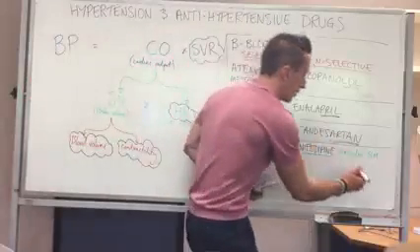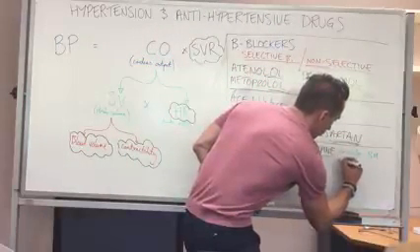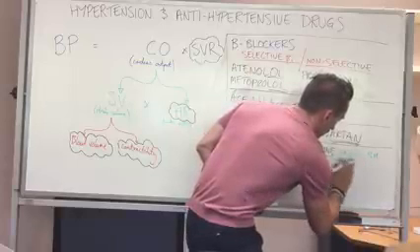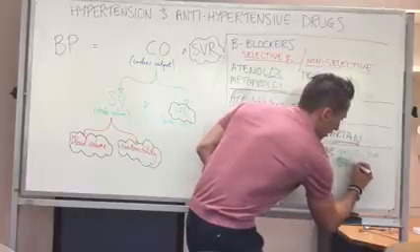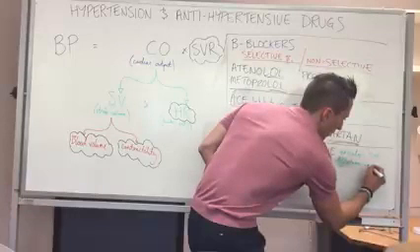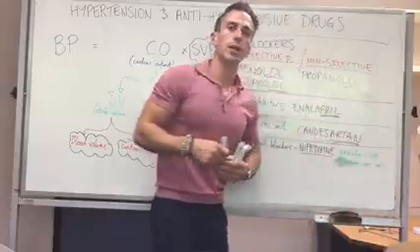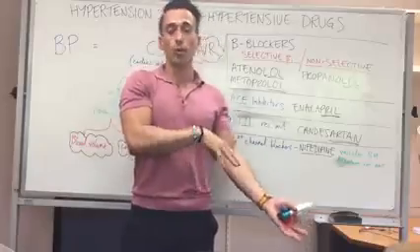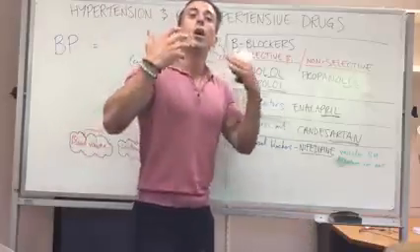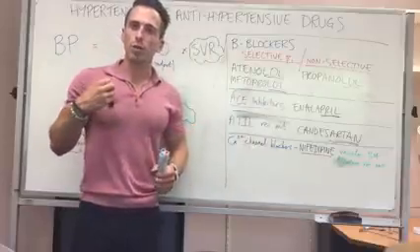It also seems to have an effect as an aldosterone receptor antagonist as well. What do I mean by that? Well, if you stop aldosterone from having its effect, you stop sodium reabsorption, stopping water reabsorption, reducing blood volume, reducing blood pressure.